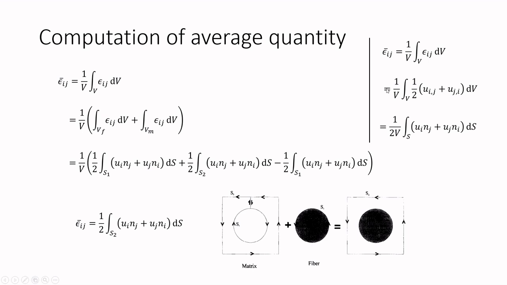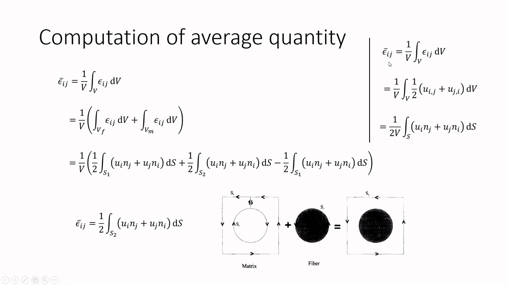So I can take 1 by 2 out, and when I apply the Gauss divergence theorem, the volume integral becomes a surface integral, and the derivative of ui with respect to xj is converted to the normal vector nj, and the dV becomes the small surface element dS. The advantage of using this is that if I know u at the surface, then I can compute average E ij very easily.